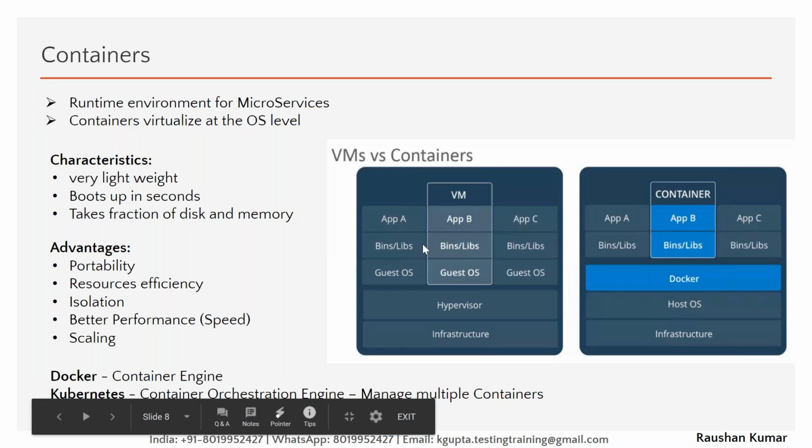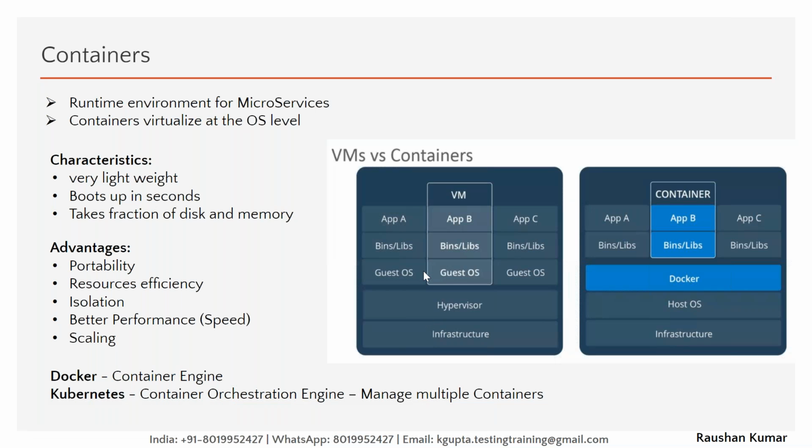But in the case of VMs, if I want to scale up, I have to provide for all my application components, even if they are not required, because it's tightly coupled, right? I cannot help it. I have to scale at the application server level. I cannot scale individually as per the functionality, but I can do that in the case of containers. So these are the advantages of that.